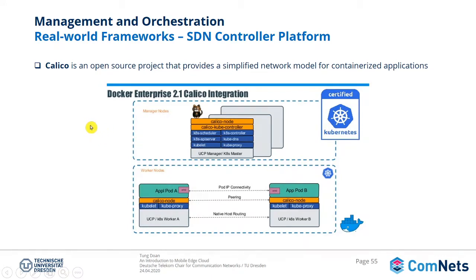Calico is mainly proposed for Kubernetes and is tightly integrated into Kubernetes. The Calico controller will be deployed in the master nodes that you can see here. And in the worker nodes, Calico has an agent inside the worker node.